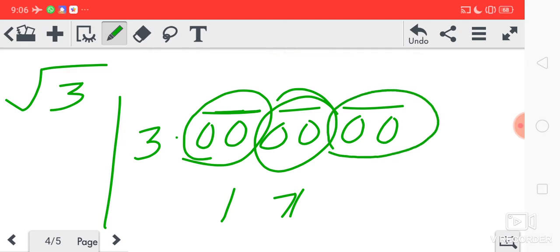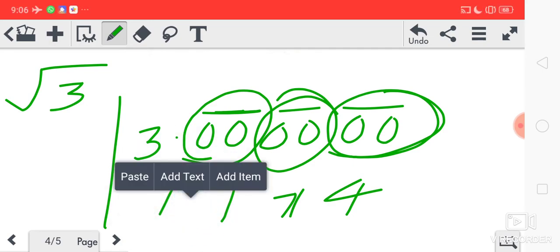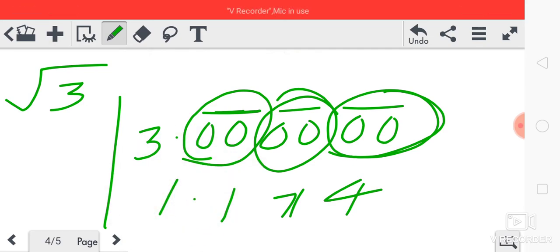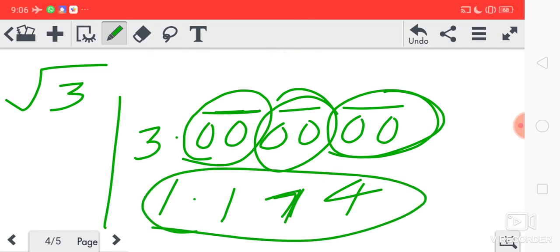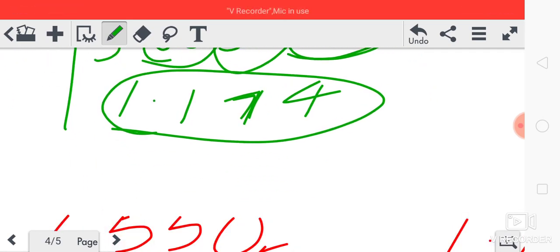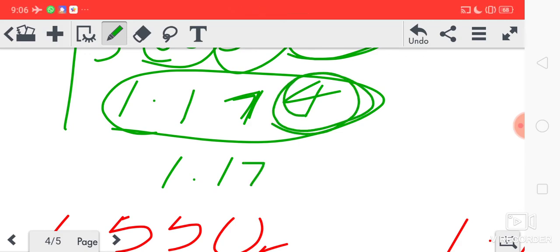Again for this suppose you'll get 4. Okay, so suppose you are getting 1.174, then what answer will you write, 1.1, you'll write here 7 or 8. In the last digit 4 is there, less than 5, so you'll write 1.17 only.